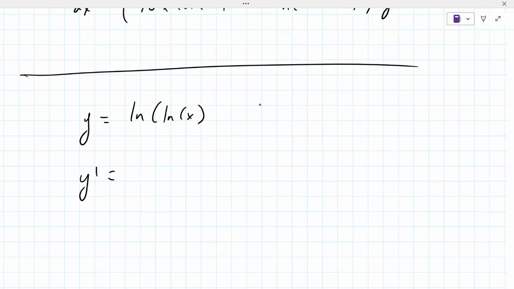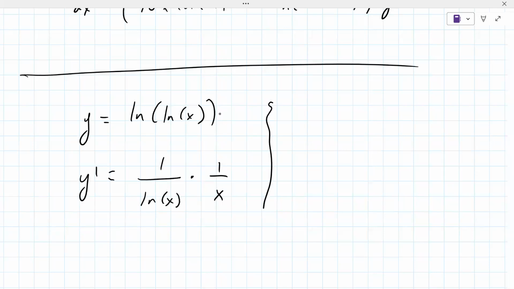How do I find the derivative of 1 over x? So right now it's 1 over natural log of x times the derivative of the inside function.